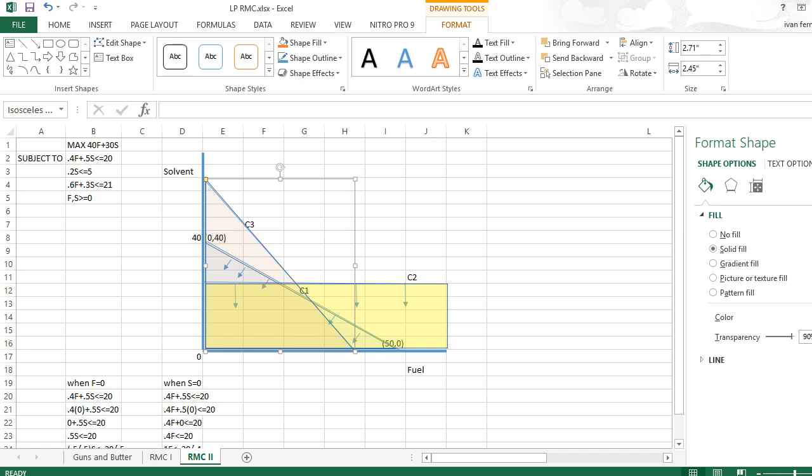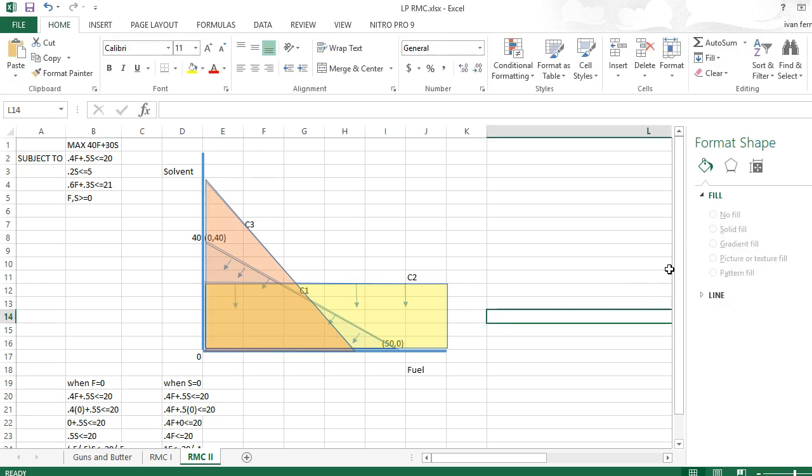Okay. Not bad, but it's not clear what I'm doing because of the transparencies. Better. What you're doing is you're trying to find the area that satisfies all three.